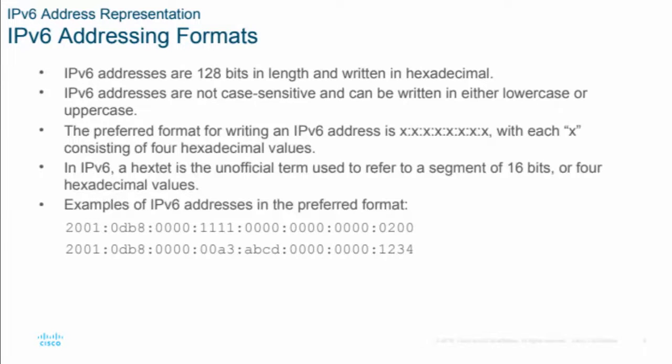Of course, IP version 6 is not case sensitive when you write the letters. This is the preferred format for writing IP version 6. You use a colon in the middle, and you are putting hexadecimal numbers.